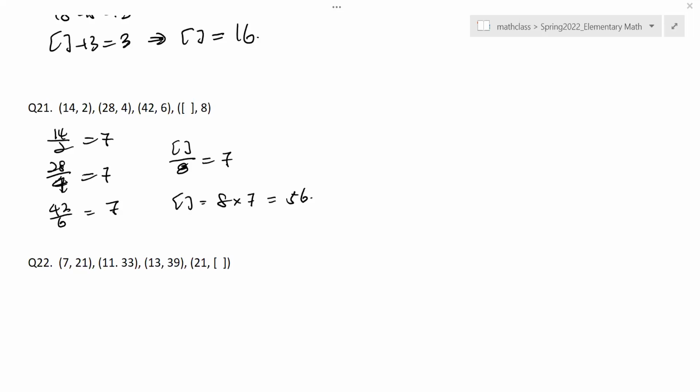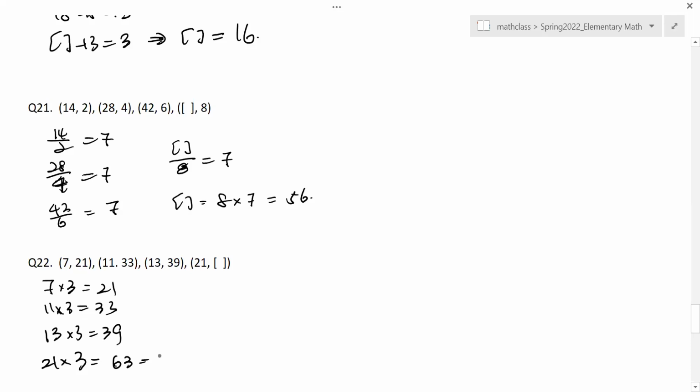What's the relationship between those two numbers in each pair? The second number is 3 times the first number. Okay, so 7 times 3 is going to be 21. 11 times 3 is going to be 33. 13 times 3 is going to be 39. So 21 times 3, which is going to be 63, should be equal to the unknown number.